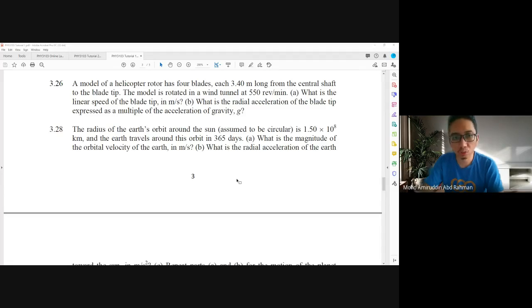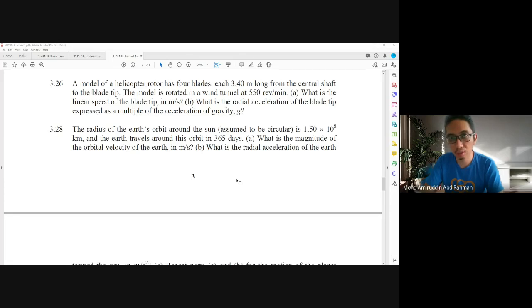So you should obtain 1.13 times 10 to the power 4 meter per second squared. But then you need to express that as a multiple of the acceleration of gravity G.